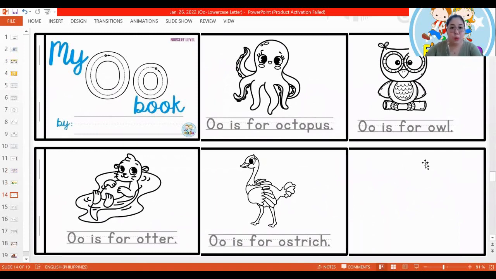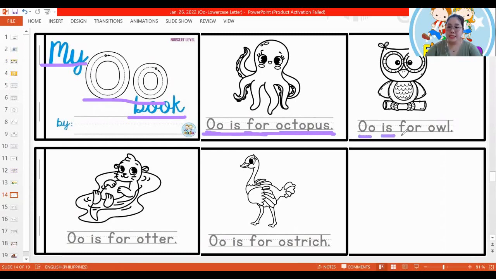Let's start with our My O book. So before you start working, how about we read our book first? Let's read it together. My O book. Very good. O is for octopus. Next page.